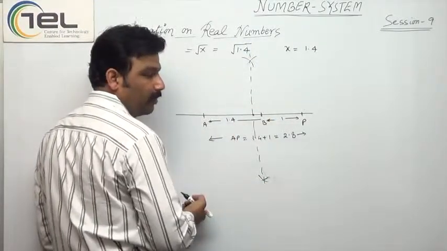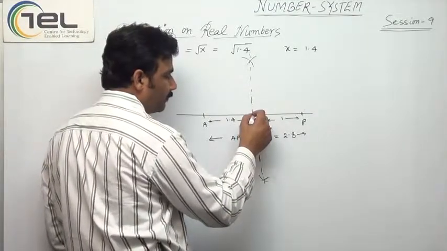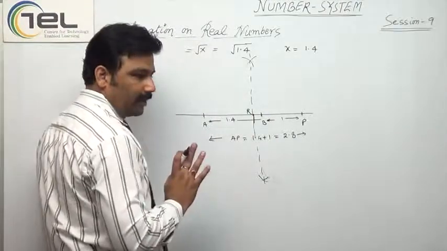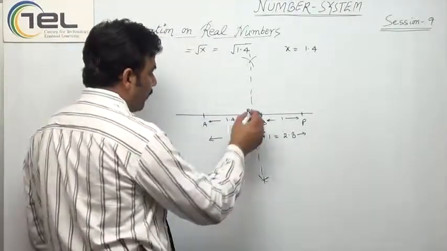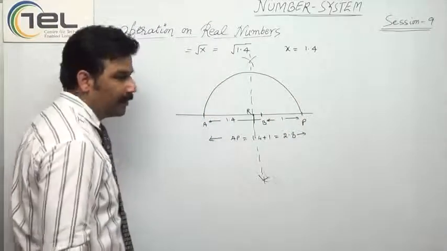Let's say this point is the midpoint, and since this point is the midpoint, I will mark it as R, or any letter I can take. With that, I have drawn a semicircle.